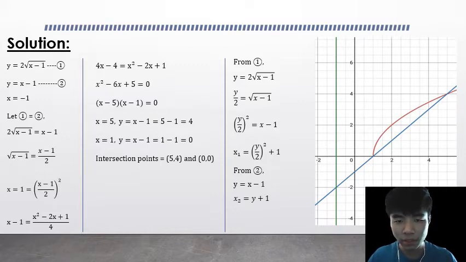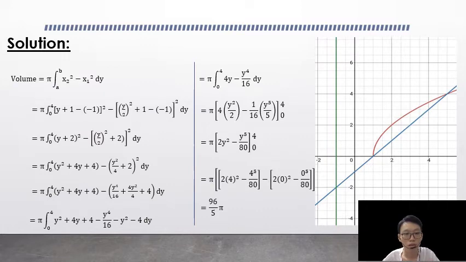From 1, y equals 2 square root of x minus 1, then y over 2 equals square root of x minus 1. (y over 2) squared equals x minus 1, and we get x1 is (y over 2) squared plus 1. From 2, y equals x minus 1, and we get x2 equals y plus 1.